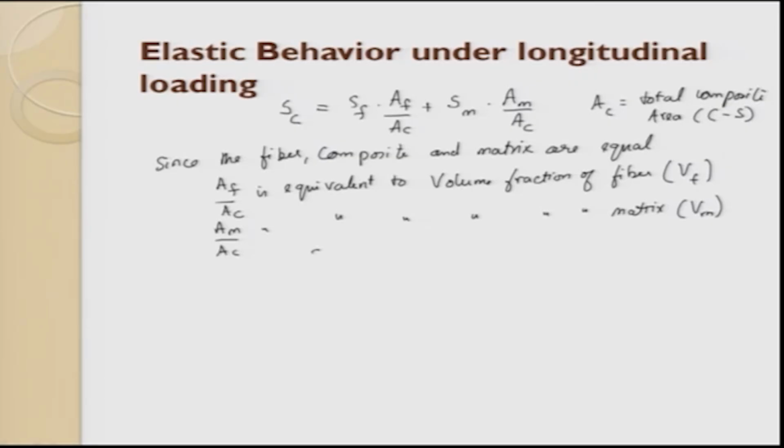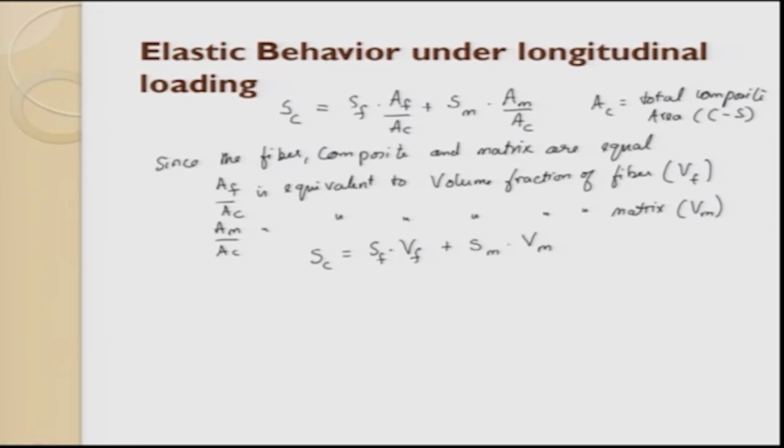So SC can be written as SF into VF plus SM into VM. It is assumed that the strains in the composite, fiber and matrix are equal.